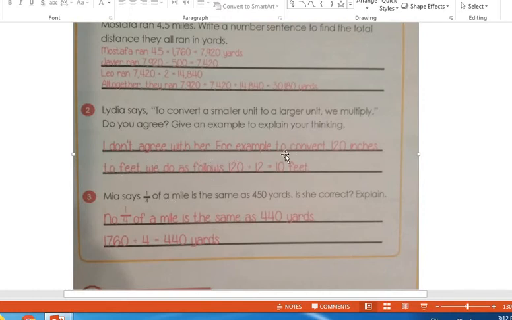From larger to smaller, I should multiply. From smaller to larger, I should divide, because here I will give an example. 120 inches, when I convert it to feet, we do as follows: 120 divided by 12 equals 10 feet.